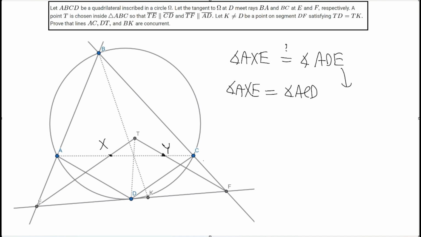Now, angle ADE is negative angle EDA, and EDA inscribes a tangent because ED is tangent. So that means that this is negative angle DCA, and that's just ACD. And this proves that the quadrilateral is indeed cyclic.